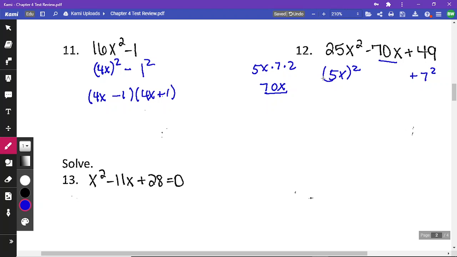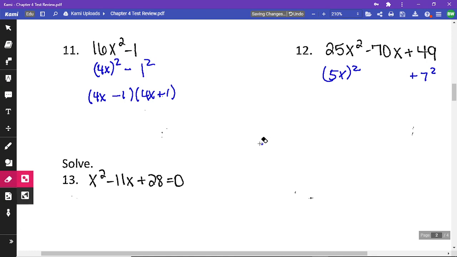So we got it. It does work. So what we have is, I'm going to go ahead and write in here. We can write this that way. It doesn't really matter. Minus 2 times, it was the 5x times the 7.